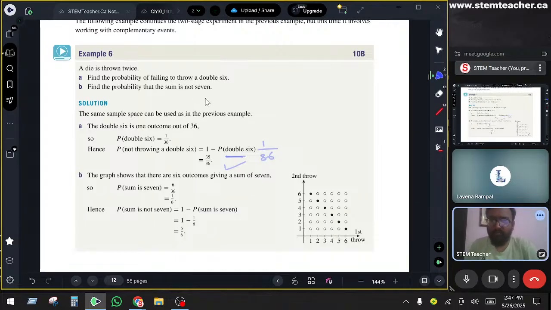Find the probability that the sum is not even. These are the negative kind of probabilities. Here, sum is not even means sum is even. When two numbers sum to even, what is the condition of the two numbers?